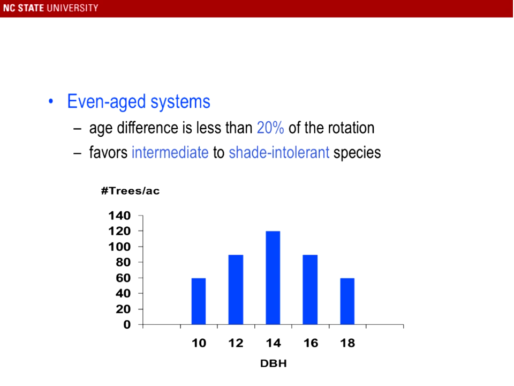For even-age systems, to be an even-age system, the age difference from the oldest trees to the youngest should be less than 20% of the rotation age of the stand. So you want a pretty narrow distribution of ages in the stand. It tends to favor intermediate to shade intolerant species.